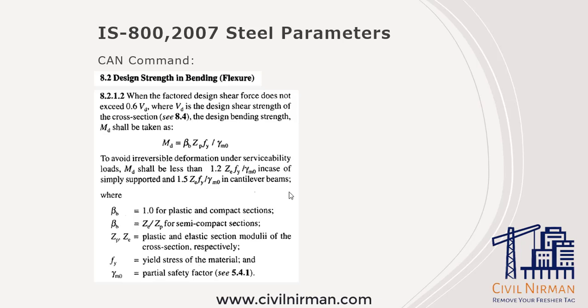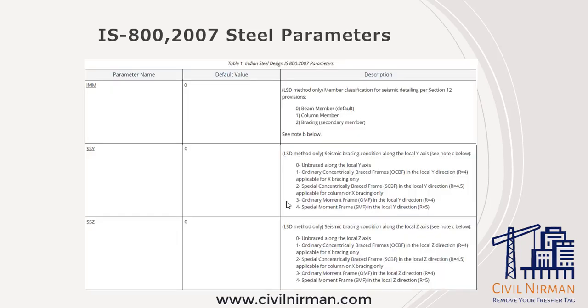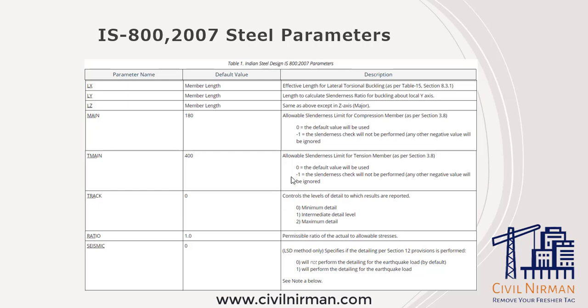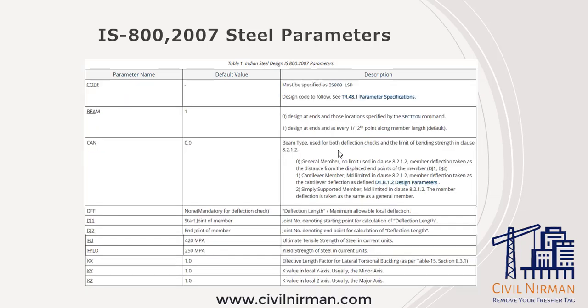So wherever we have considered a cantilever which does not have any stay or knee brace or any brace just to keep its deflection under control, we have to go with CAN command 1. As I said earlier, this will be applicable for both the strength case as well as the serviceability case.